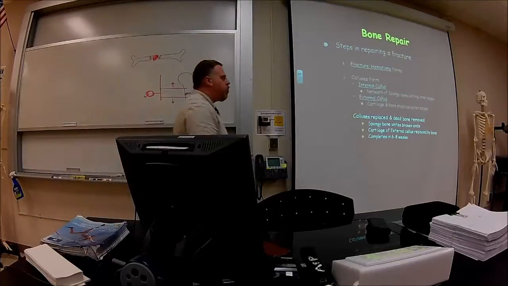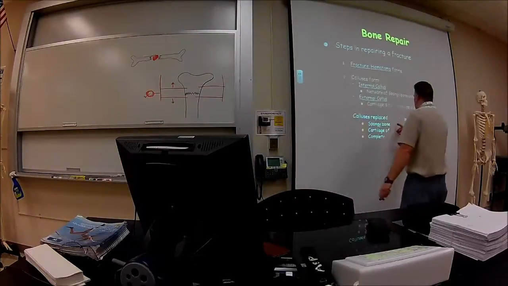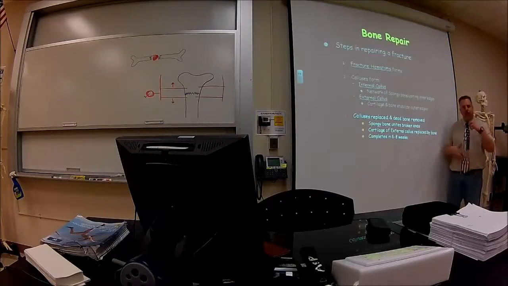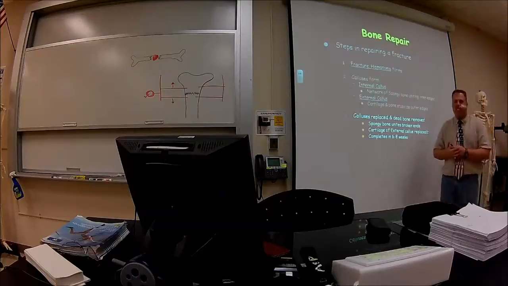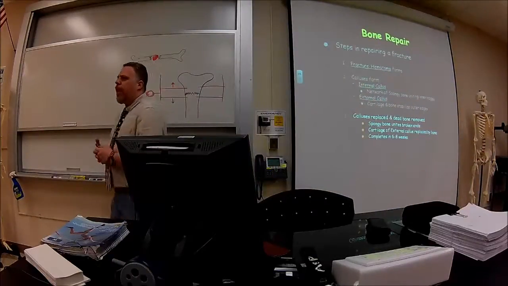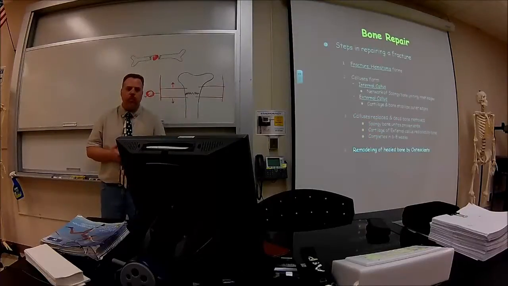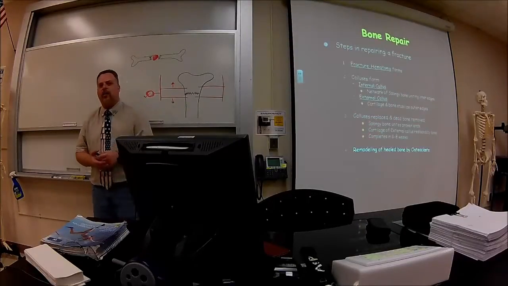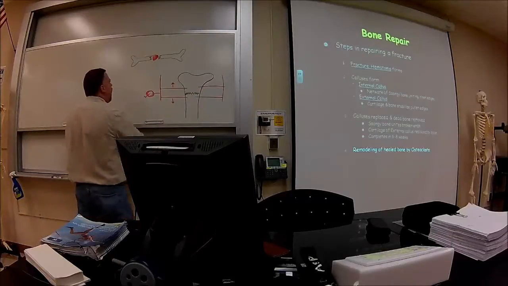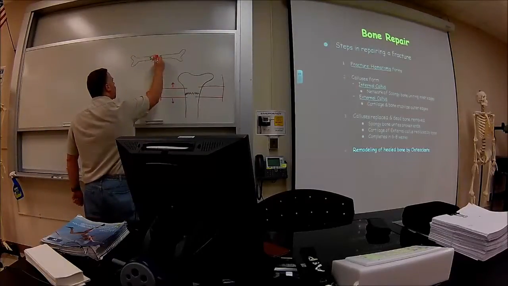Then the calluses will be replaced, and dead bone gets removed. So spongy bone unites with the broken ends, and cartilage and external callus are replaced with bone. This all takes place within about 6 to 8 weeks. So you fracture a bone, it does take about 8 weeks for that to occur. The remodeling is where the osteoclasts start coming in. After the hematoma happens here, you start having fusion where this green stuff is going to occur.